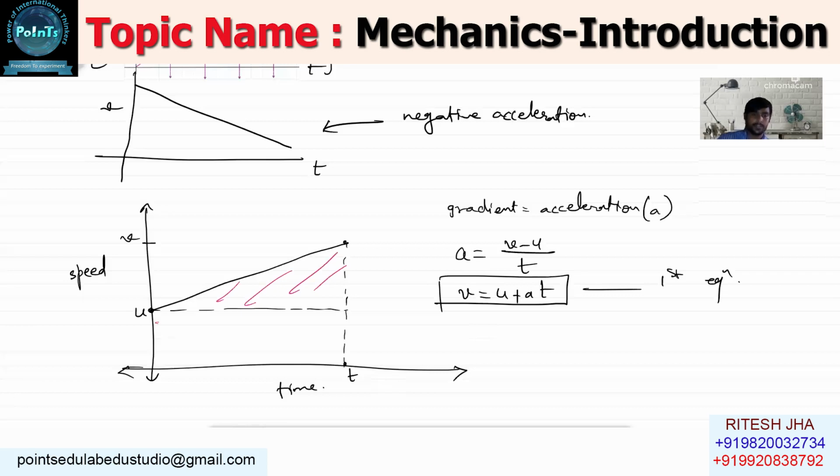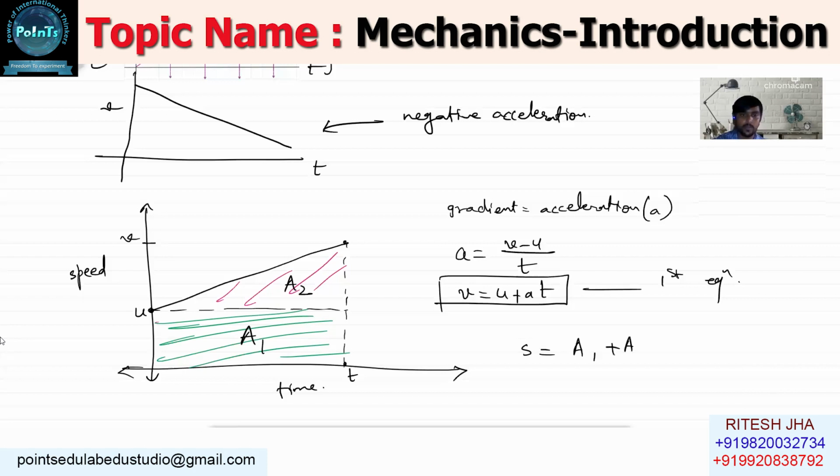These two areas I'm considering. When I calculate the entire area, let's say this is A1 and this is A2, we'll be getting the distance. So the distance, or displacement, is given as the sum of these two areas.